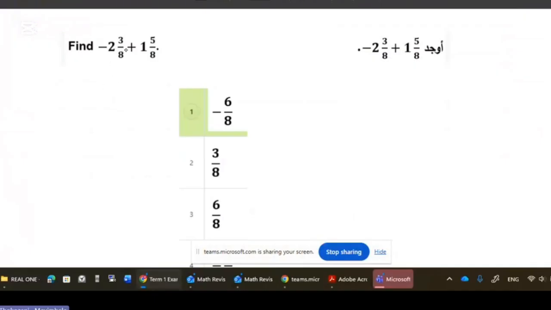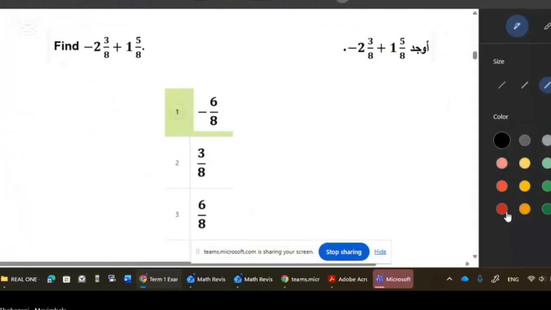Who can tell me what should be the first step here? We multiply the 2 by the 8 and add the 3. What do you get when 2 is multiplied by 8? 16.